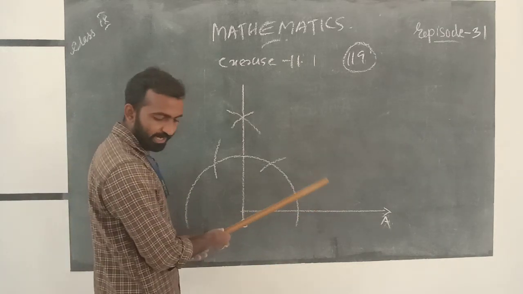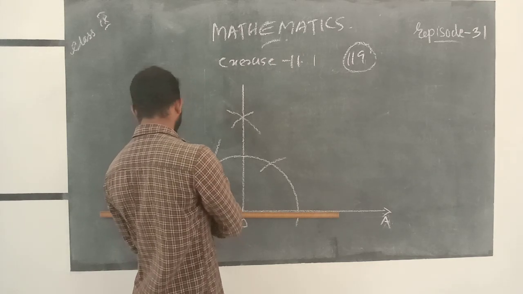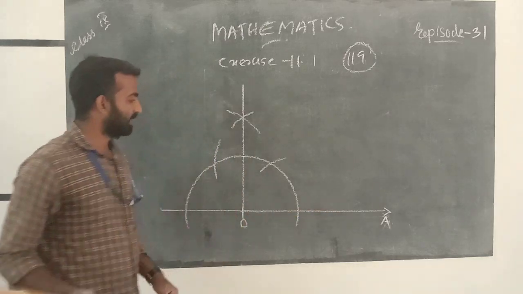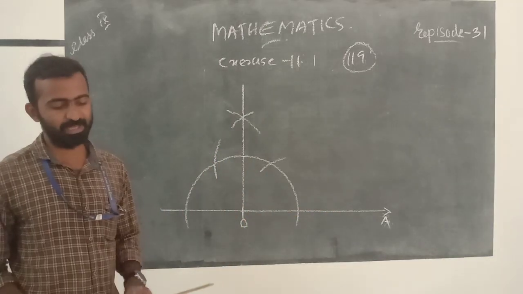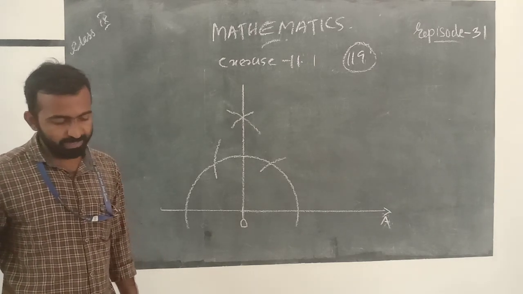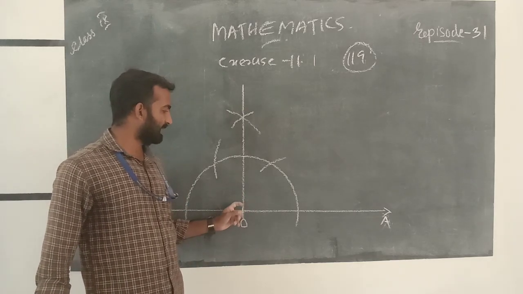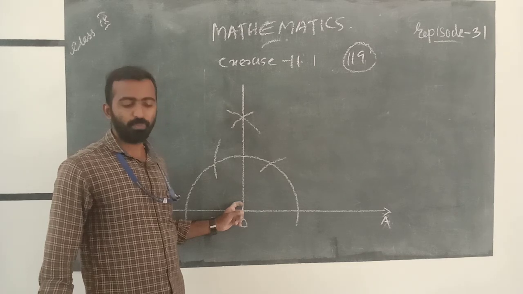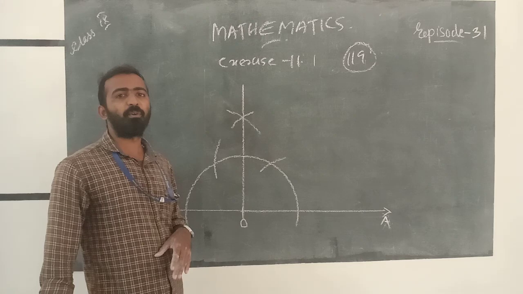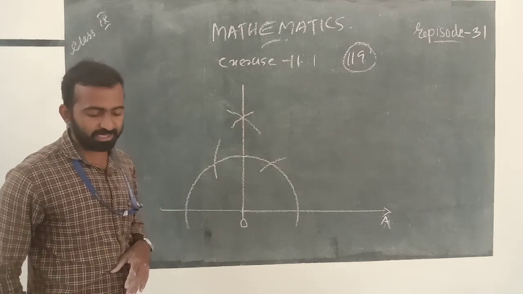On the left side of the arc, this is also 90 degrees. So we have 90 degrees and another 90 degrees. We want to make 45 degrees, that is 90 plus 45 gives 135.